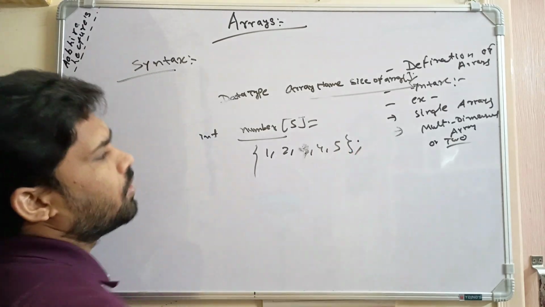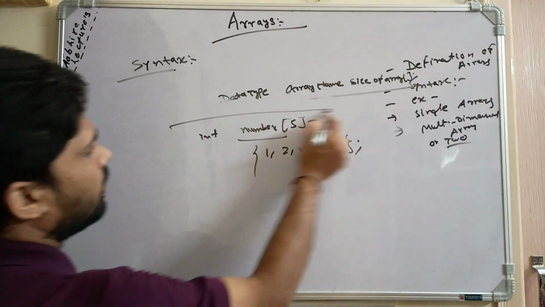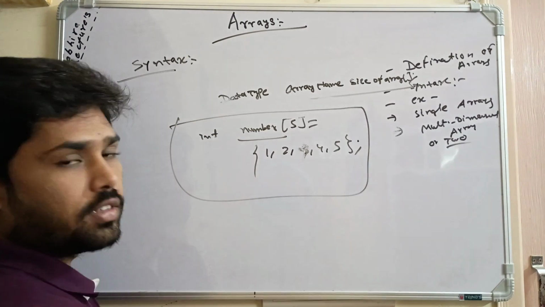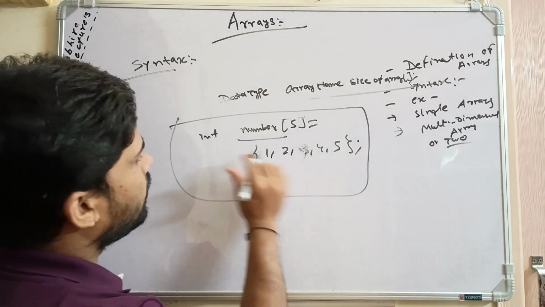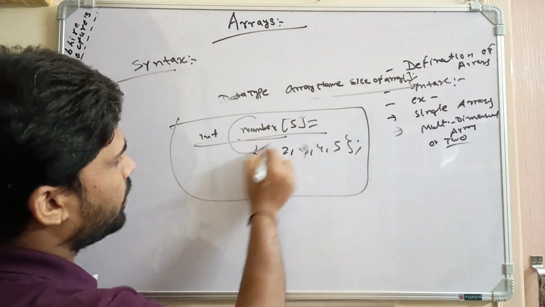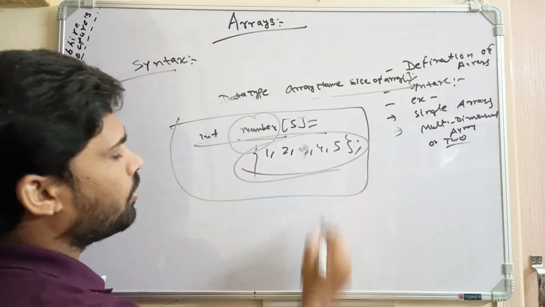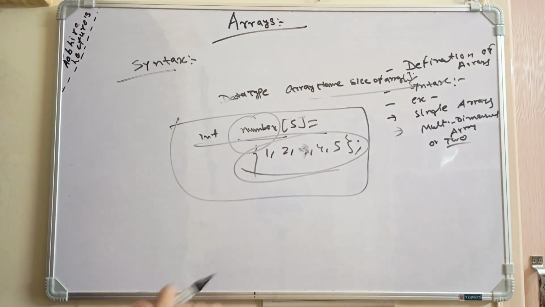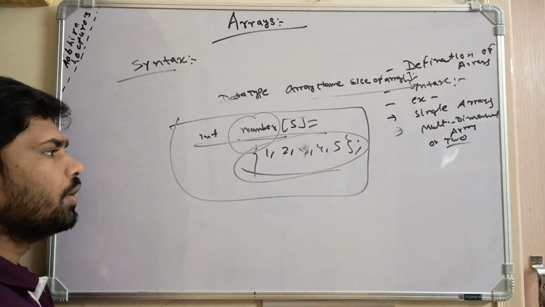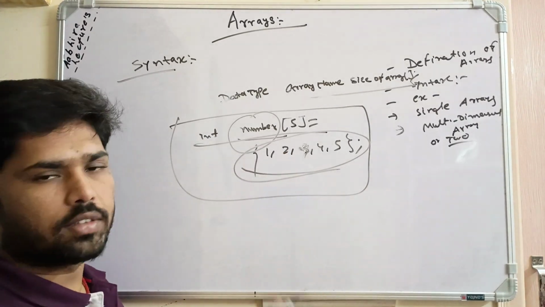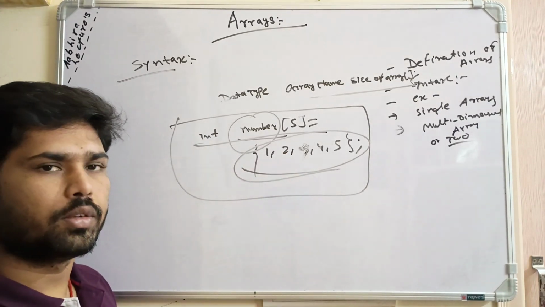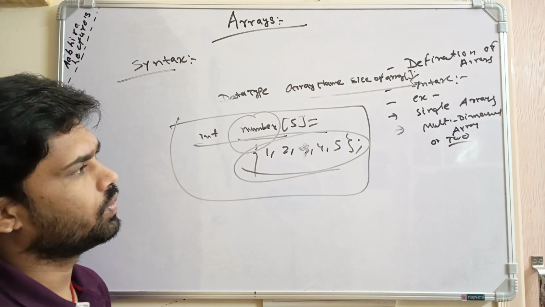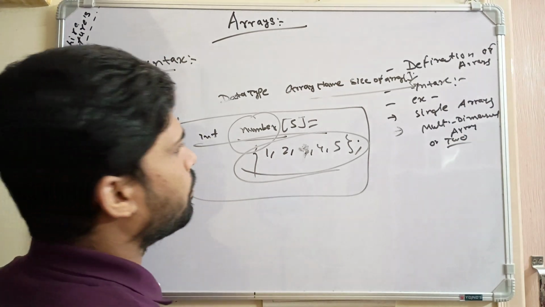So this is the declaration with initialization of an array. This is the variable in which we are storing the values 1 2 3 4 5 in number. So this is the declaration and initialization of an array.